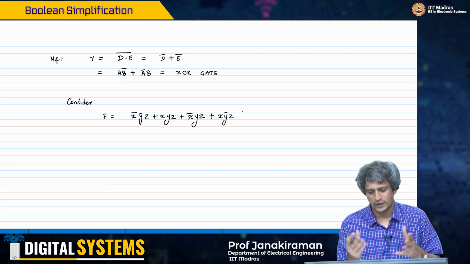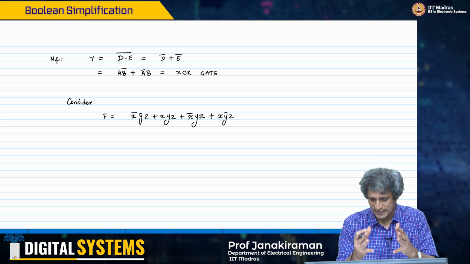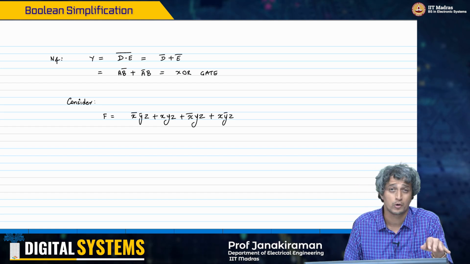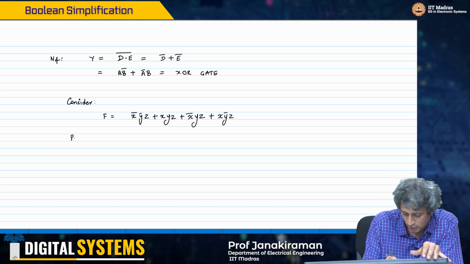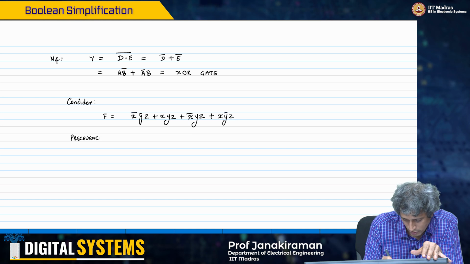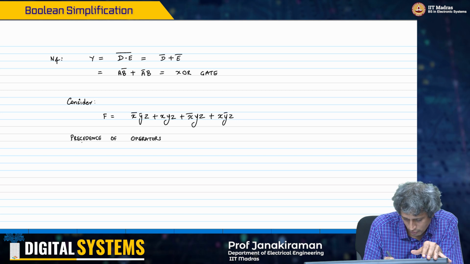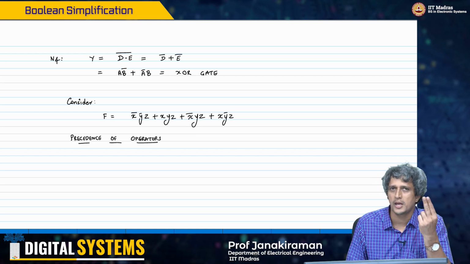Okay. So first of all, in order to interpret this expression here that we have written on paper, we must be careful because we don't have brackets, and therefore we need to first of all understand the precedence of operators. So what we see is there are 3 operators here.